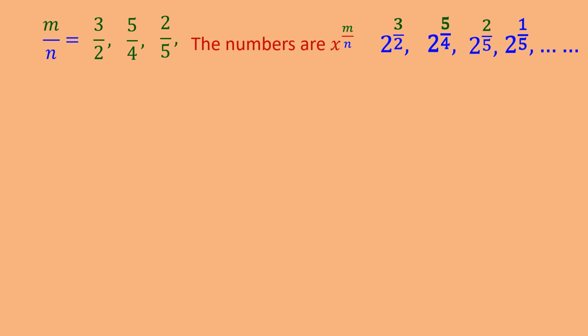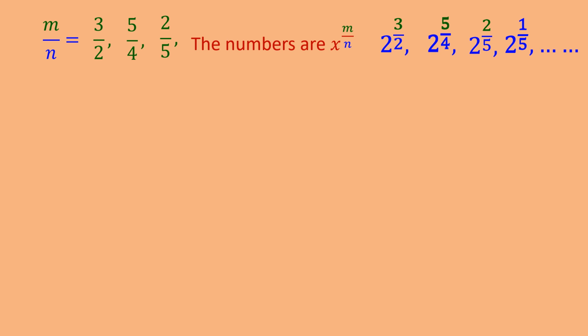Now, as we have seen just before, x is the base which will act as a radicand, m is the numerator which will act as a power of the base, and the denominator will act as the order.